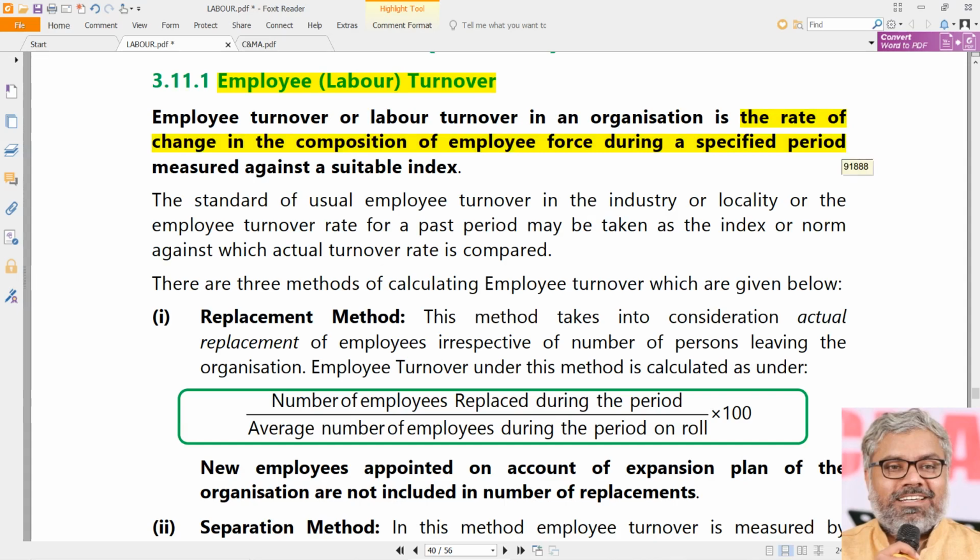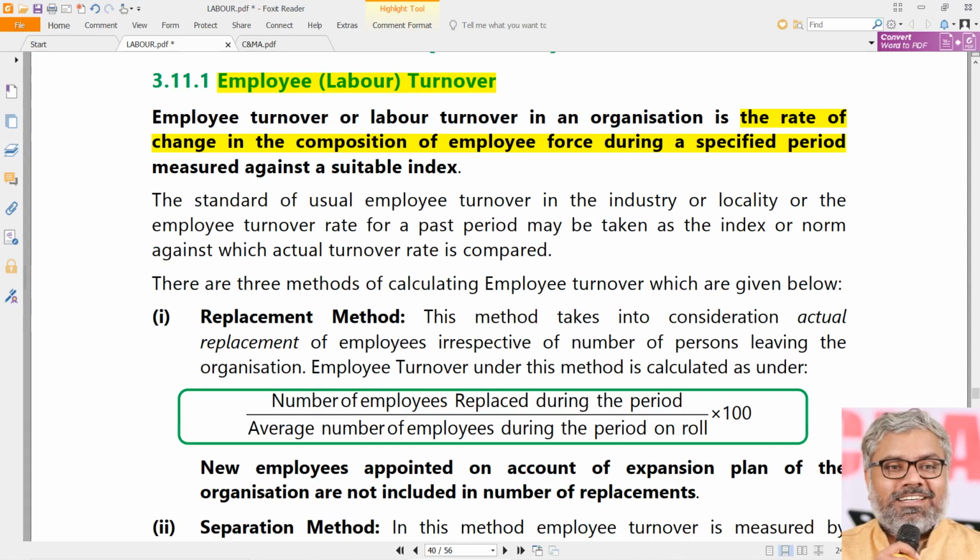So employees always in the organizations come in and go out. There will be always new people who will come in, and there will be existing people who leave the organization for whatever reasons. Reasons could be anything. But with what rate the employees are coming in and going out, what is the rate of that flow is measured by labor turnover or employee turnover.